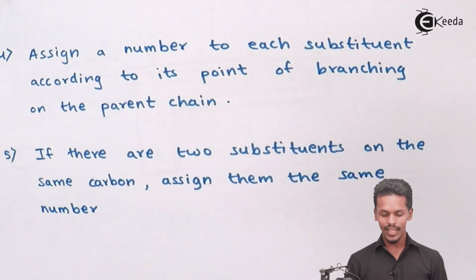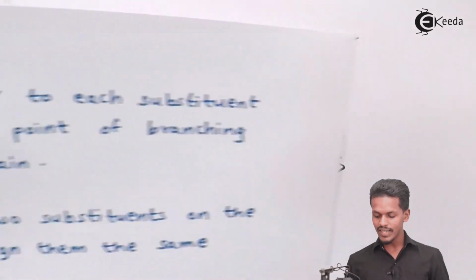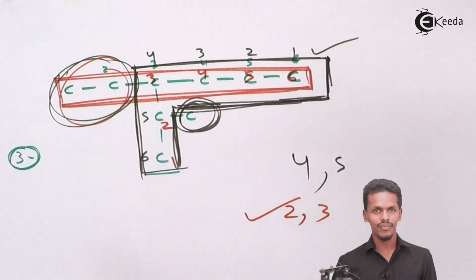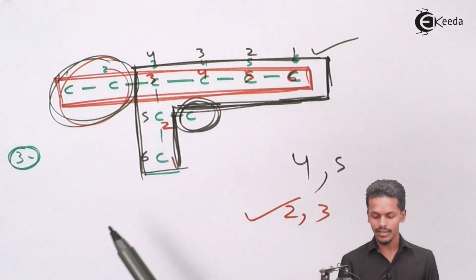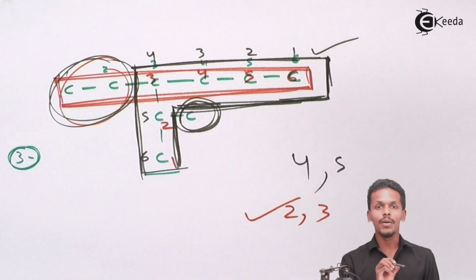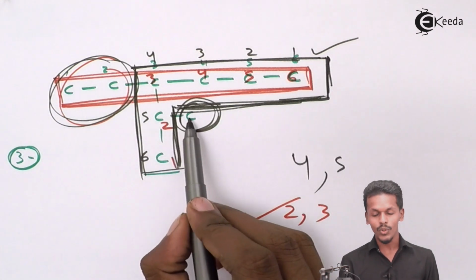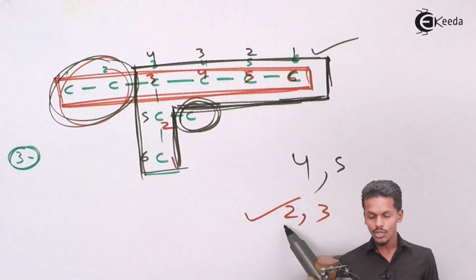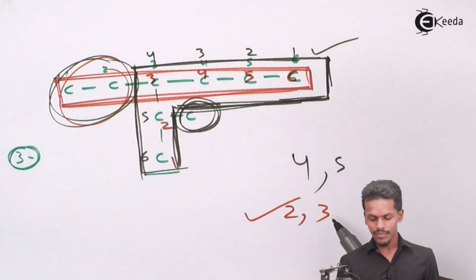So that is the reason we have assigned a number. Suppose this carbon is attached to carbon number 2, if I number from 1 to 3 in that manner, I have to assign the number to that also. As I could see here, only one carbon is attached, or only a methyl group is attached. So I could name it as 2 methyl or 3 ethyl.